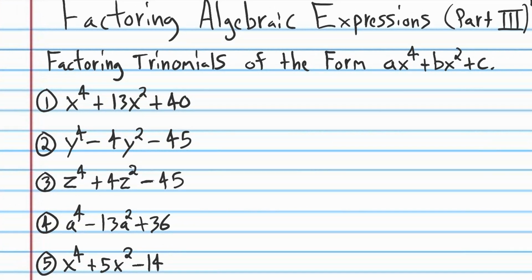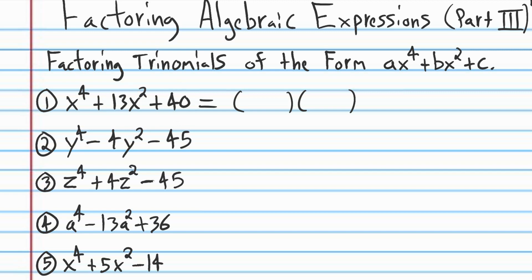You can just consider this to be a quadratic expression, even though it doesn't look like a quadratic because you have a fourth power and a second power. Usually you would have a second power here and a first power here. So we're going to put two pairs of parentheses like we did in the last classes. And what two numbers multiply to 40 and add up to 13?